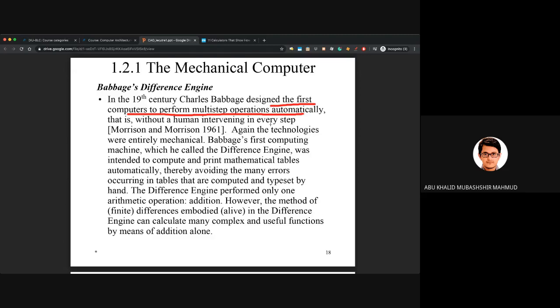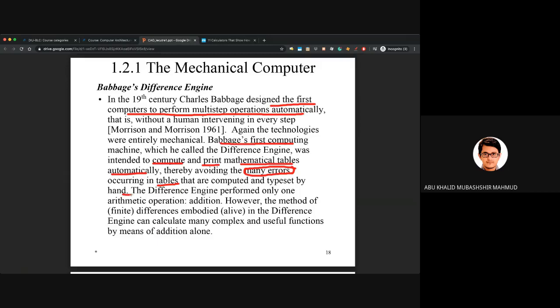Again, the processes were entirely mechanical. The process worked like this. It was intended to compute and print mathematical tables automatically, thereby avoiding many errors occurring in tables that are computed and typeset by hand.